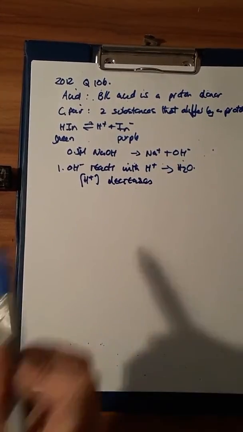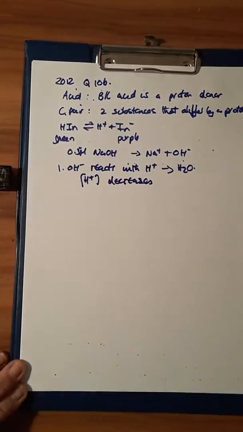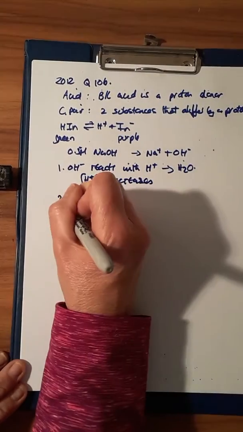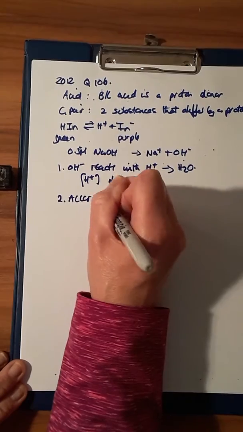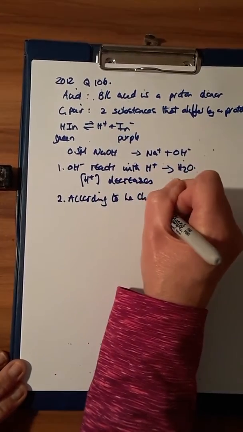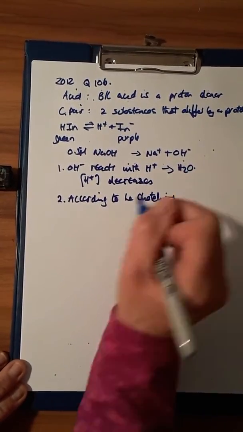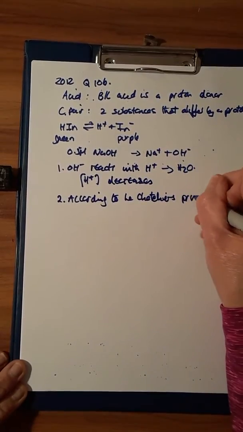Now you'll notice, look, it's a double-headed arrow, so it's an equilibrium equation. Now, according to Le Chatelier's principle, if you stress a system, it shifts to alleviate that stress.